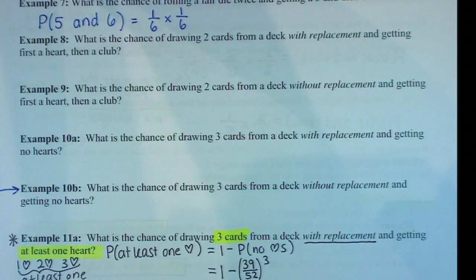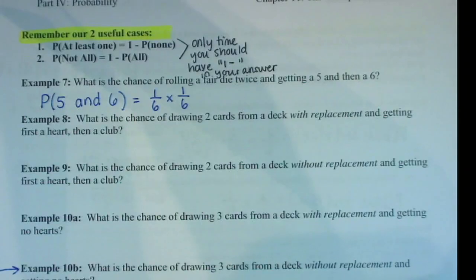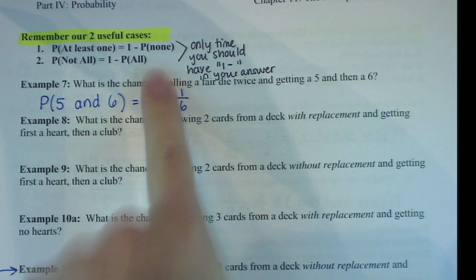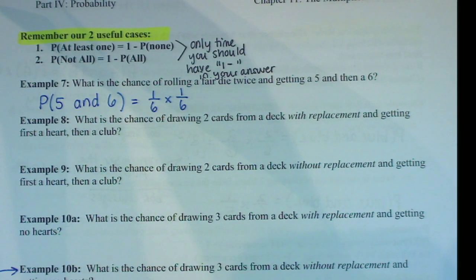So my question for you guys is, a lot of people will read this question and say, oh, that's one of my 2 special cases. Do I have to use this 1 minus stuff? And do you guys think no hearts and not all hearts are the same thing? No, good. Most of you guys said no. They're not the same thing, right?